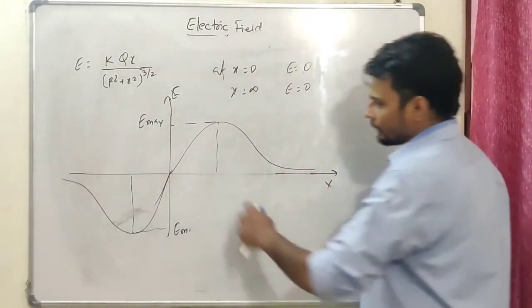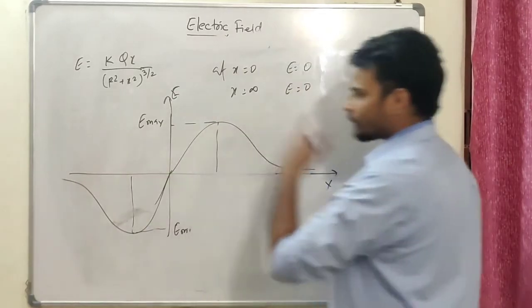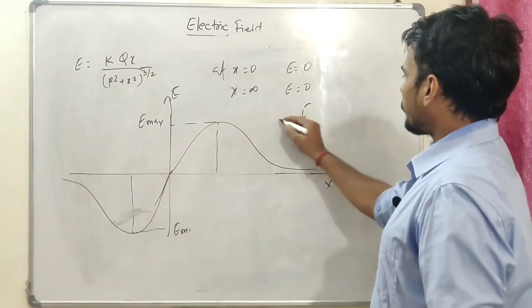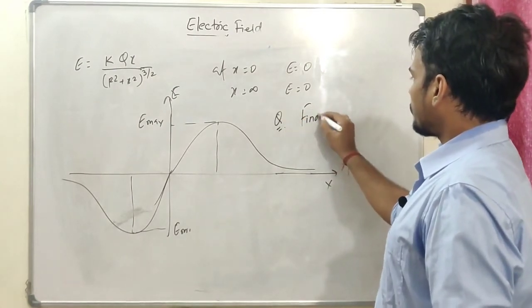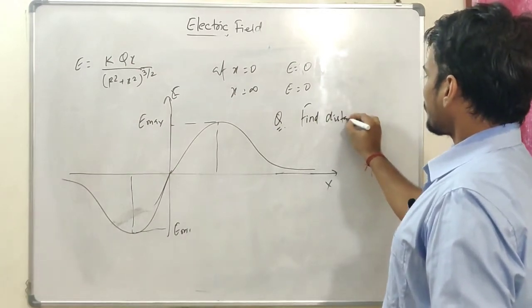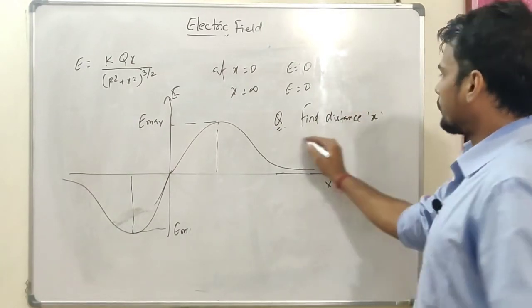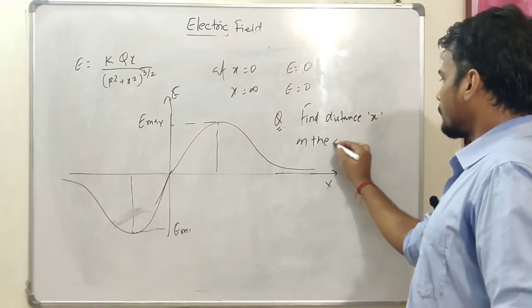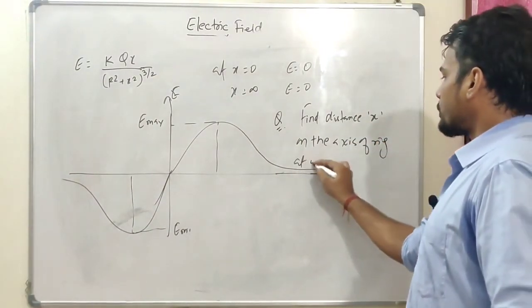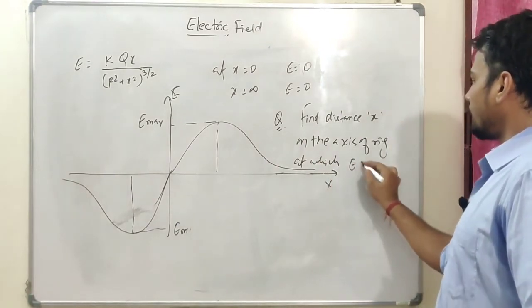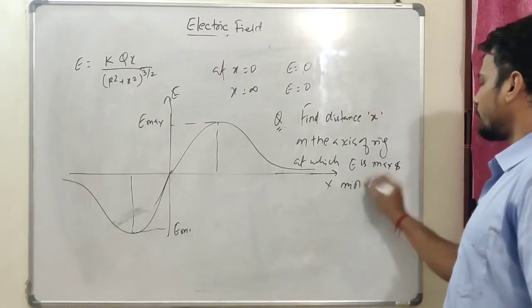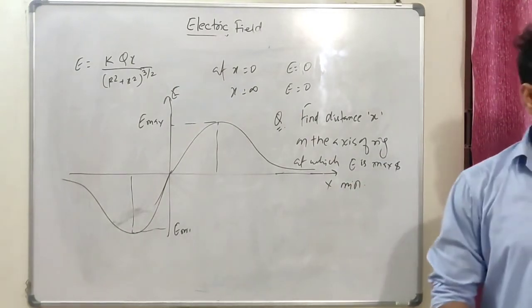So we have to find this coordinate and this coordinate, that is the question. So the question is: find the distance x on the axis of the ring at which E is max and minimum. That's the question. Alright guys, try this out.